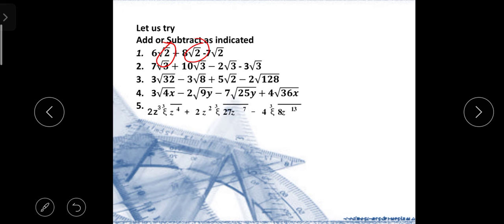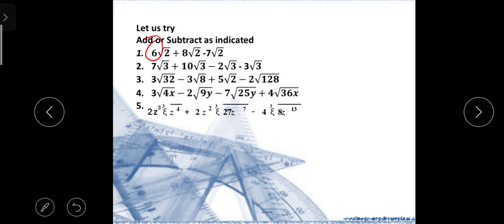Since pare-pareho naman siyang square root of 2, pwede natin yang pagsama-samahin. Yung square root of 2 po ay hindi natin babaguhin. Yan po ay same lang. Ang magbabago lang po dyan ay yung 6, 8, and 7. Okay?